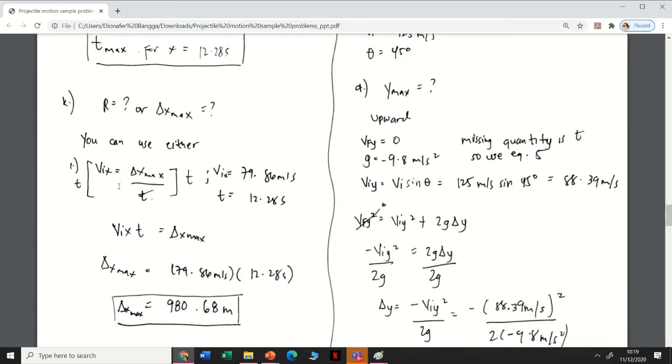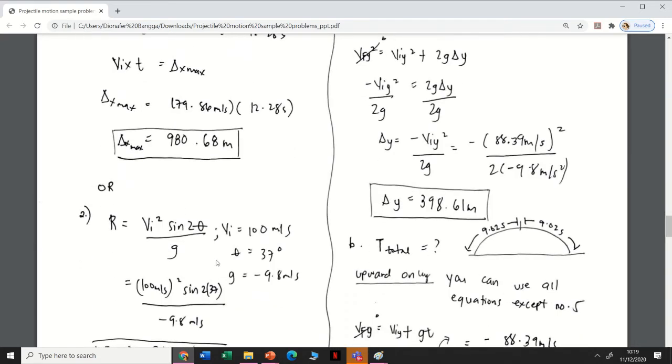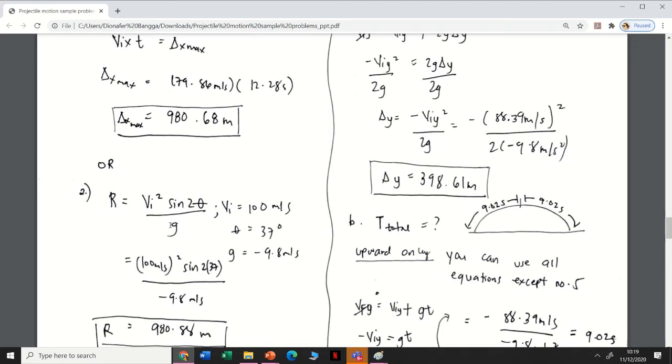And lastly, case number 2, sample problem number 3 is asking us to solve for the range, or the total distance in terms of the horizontal dimension, or our delta x max. Again, you have two options to solve for this. The first option is for us to use the special equation, which is R equals Vi squared sine 2 theta divided by g.